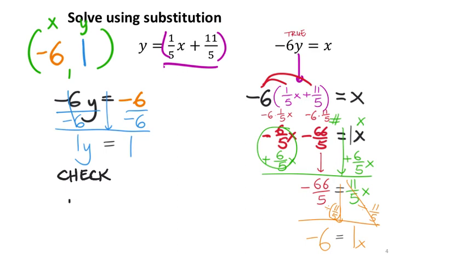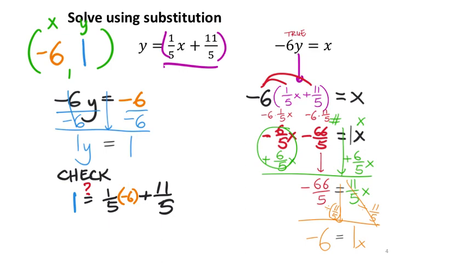But the equation right now is y equals 1/5 x plus 11/5. And again, I'm just checking to make sure that this will be true with the equal sign. Because if it's false, then this ordered pair, negative 6, 1, does not actually end up on the line. So the x value we have is negative 6. And the y value we have is positive 1. And now, I check this to see if it's true or false.